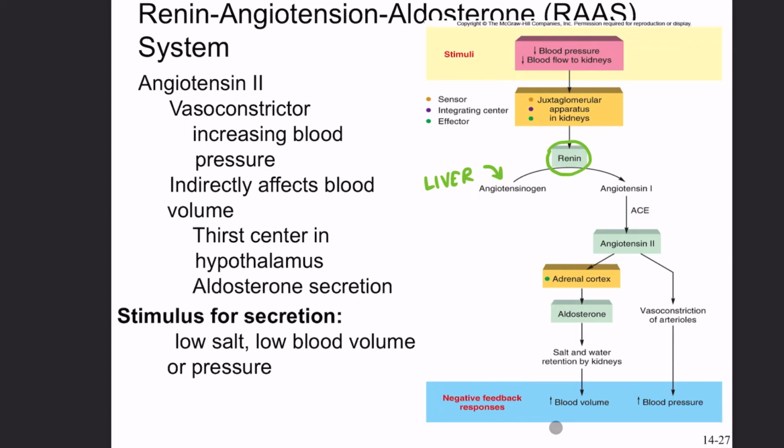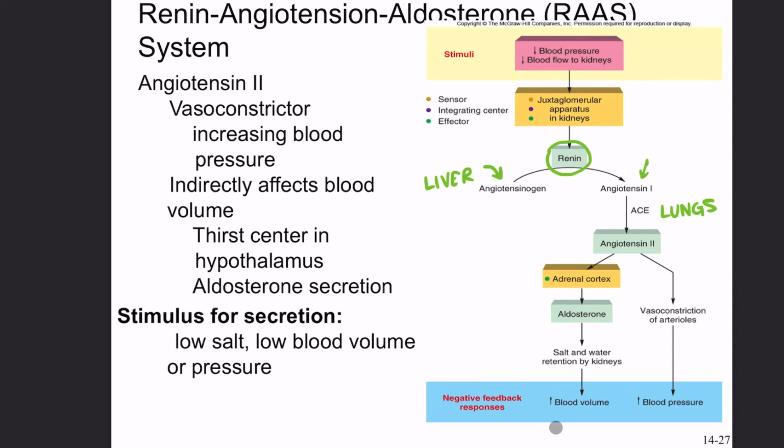So this is just hanging out in the blood, all the time. And so whenever our kidneys, or whenever the juxtaglomerular apparatus produces renin, it is going to convert this angiotensinogen into this angiotensin 1. And then there is something in our lungs called ACE.